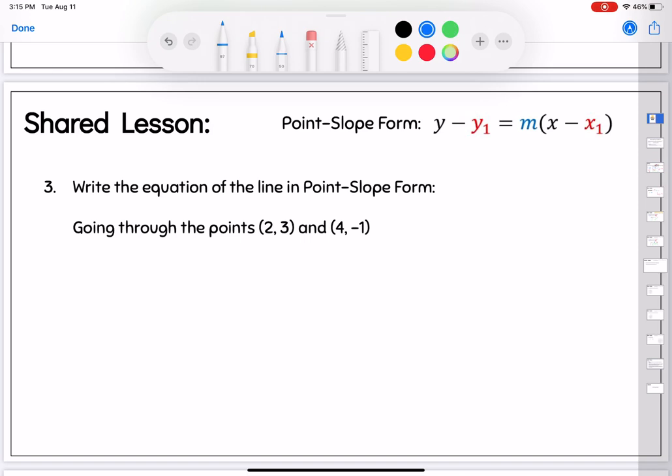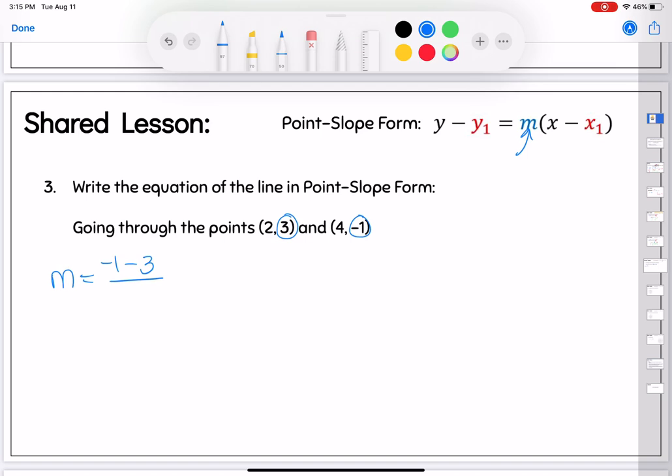All right, so very similar to the warm-up, in order to find m, we need to actually do some solving in this case. So m would equal the change in y. So here I'll have negative 1 minus 3, right? There's my two y values.